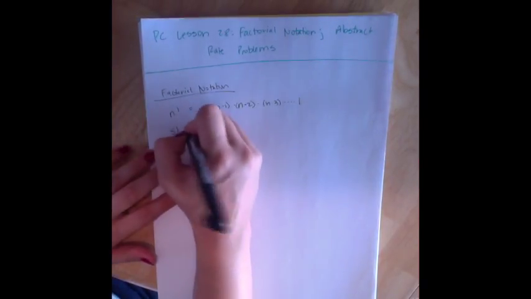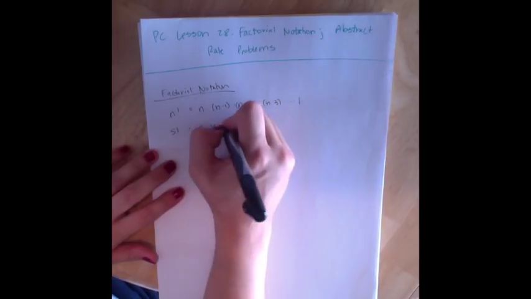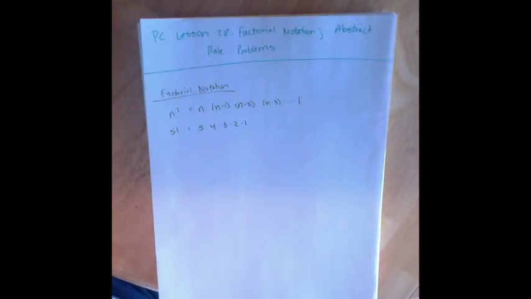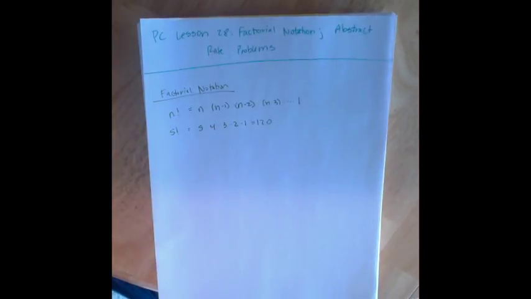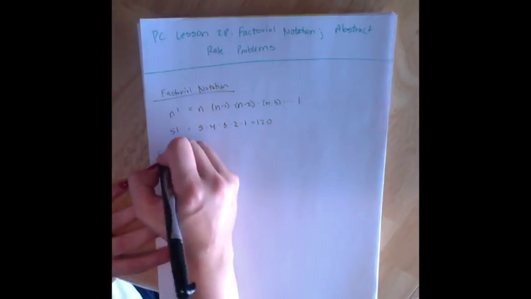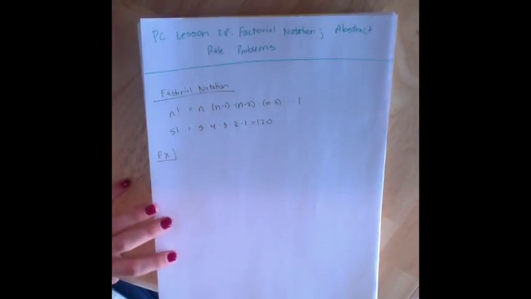So 5 factorial is 5 times 4 times 3 times 2 times 1, and you multiply that out and you get 120. That is factorial notation. So here are our examples.